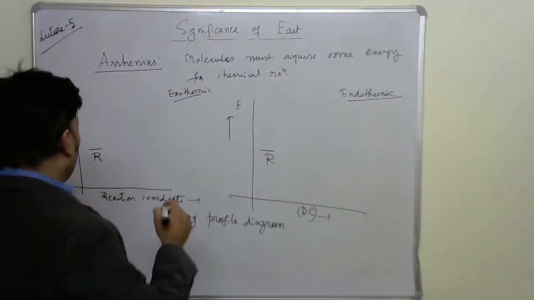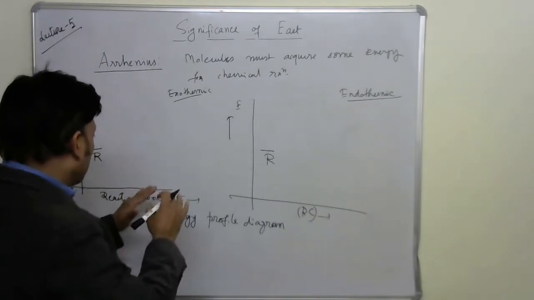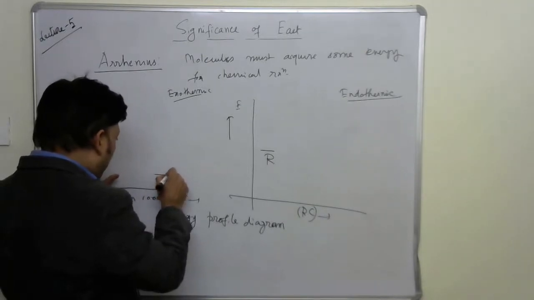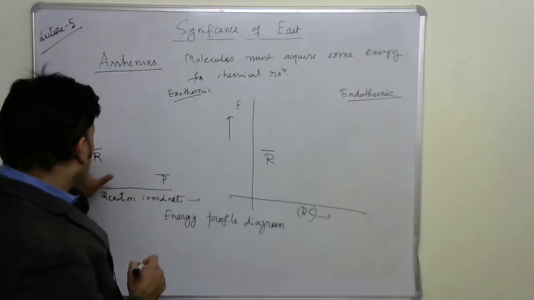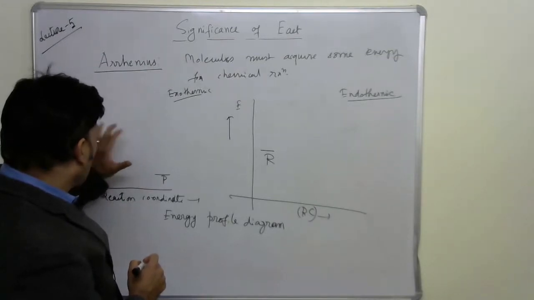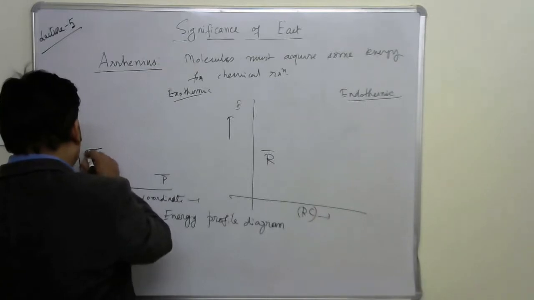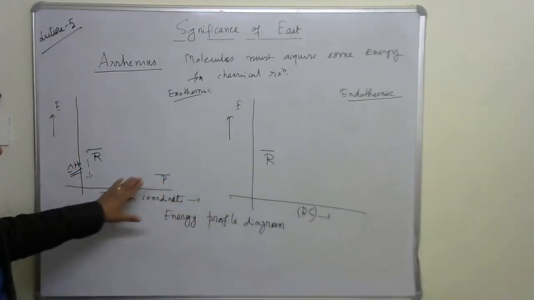For an exothermic reaction, after the reaction the product will have lower enthalpy. That means once the reactant goes to the product, it would release some energy. So this much energy is being released. So this is called exothermic.